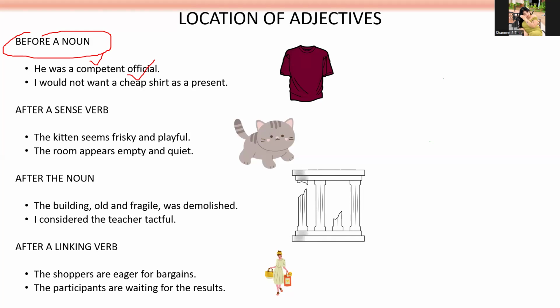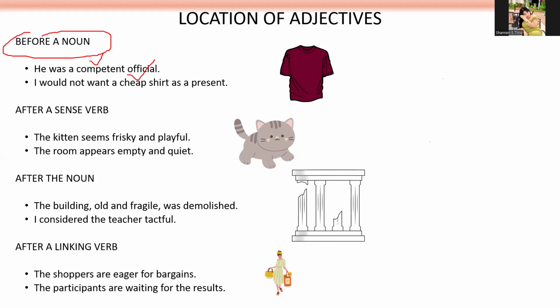Alright, so after a sense verb. Let's identify the sense verb in the sentence. The kitten seems frisky and playful. So the word seems is actually the sense verb. So, ang location ng adjective natin ay after ng sense verb.